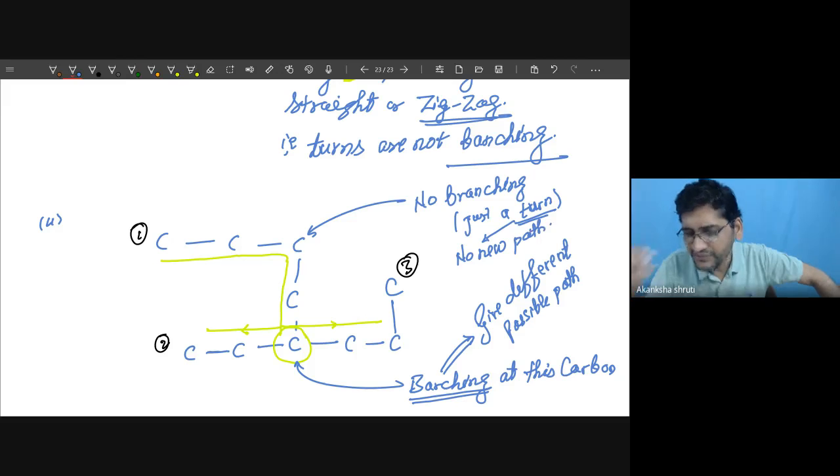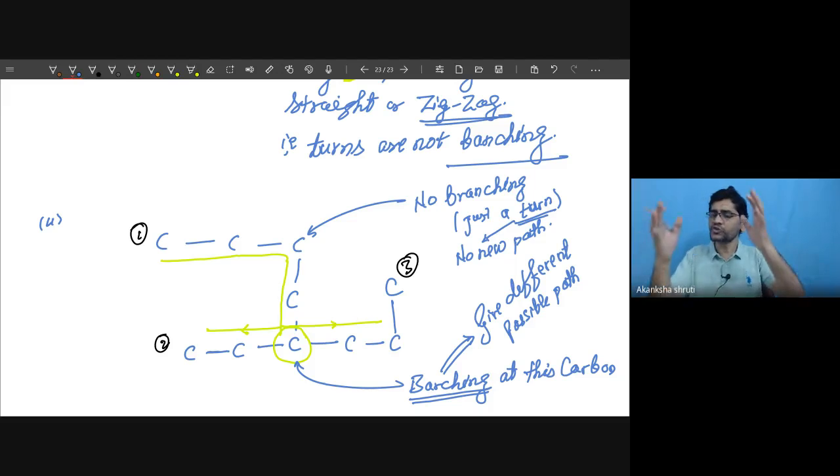So if any new path is able to generate, meaning two paths can be followed, or if there are two or more possible paths at a particular carbon, then that carbon is called the branching. Okay, or it is like the junction, meaning joining of different chains.